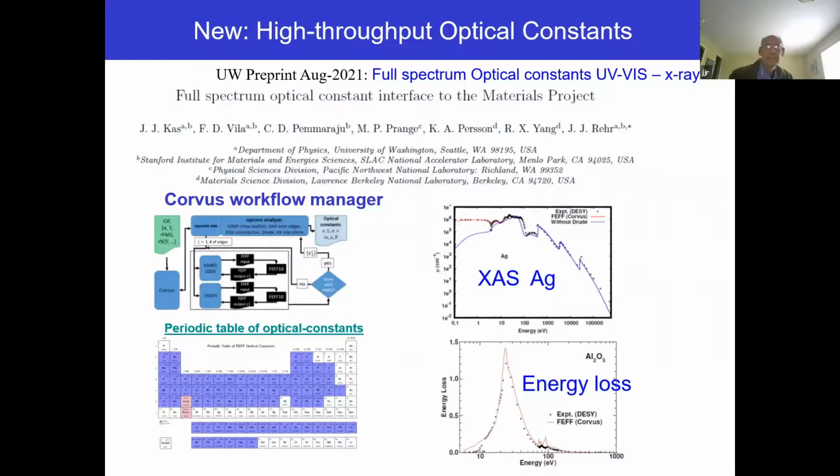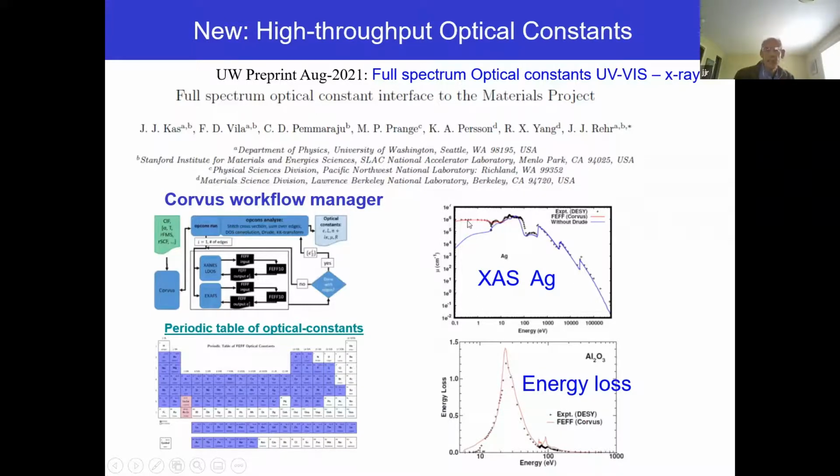Okay, more recently, we have extended this database to include all of the optical constants, including index of refraction and reflectivity, over the full range from, again, the UV visible to hard X-rays. This is silver, for example, and you can see we have all the edges, and it's a reasonable description.